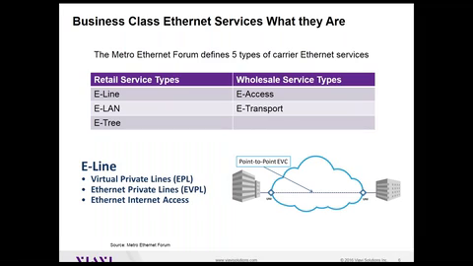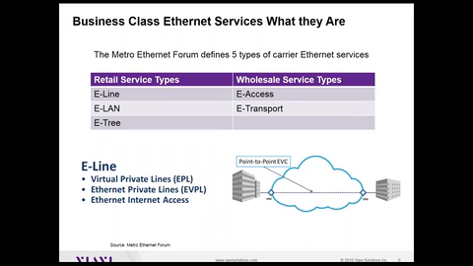Let's talk about some of the services that have been defined by the Metro Ethernet Forum. The simplest type of service is the E-Line service. This is a point-to-point style service where we have two locations that we need to provide connectivity between. We'll have a single user network interface, a UNI, at either end of the link, and we'll transport the traffic from one end to the other, and every packet that comes in will hopefully get transmitted as long as it's part of the service level agreement.